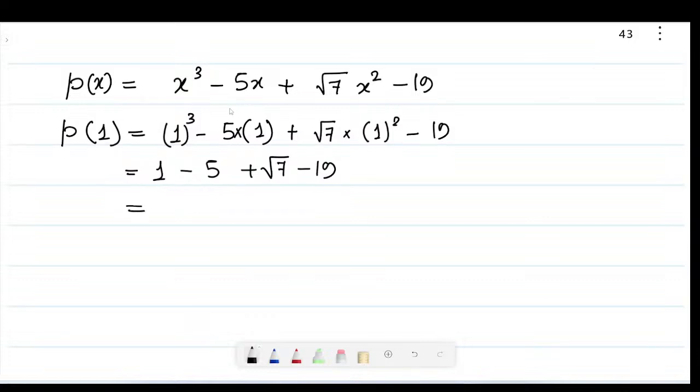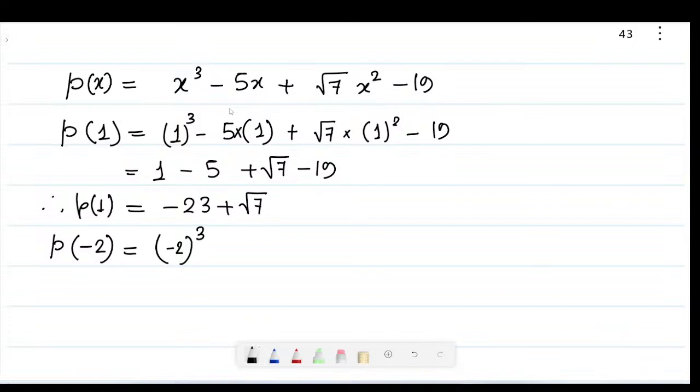Okay, so it will be minus 23 plus root 7. So what is p of minus 2? We shall now just substitute x by minus 2. So that will be minus 2 to the power 3 minus 5 into minus 2 plus root over 7 into minus 2 the square minus 19.